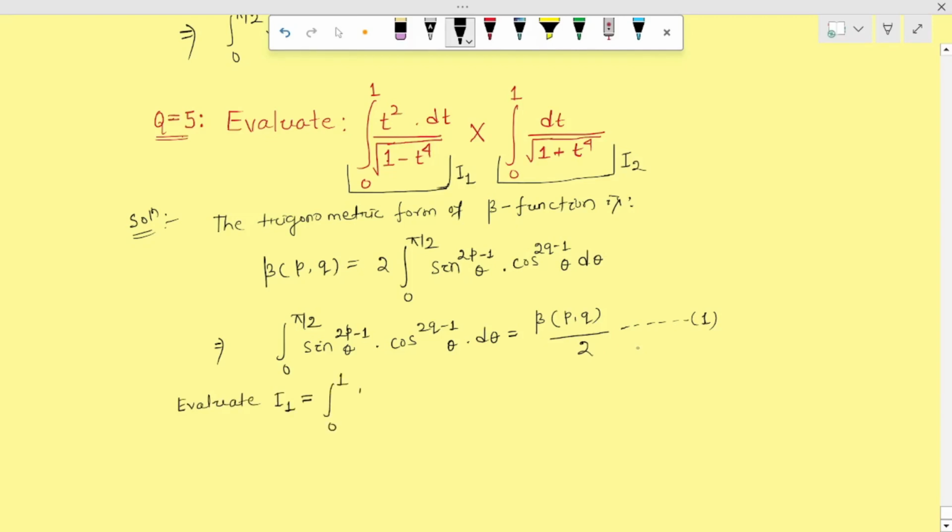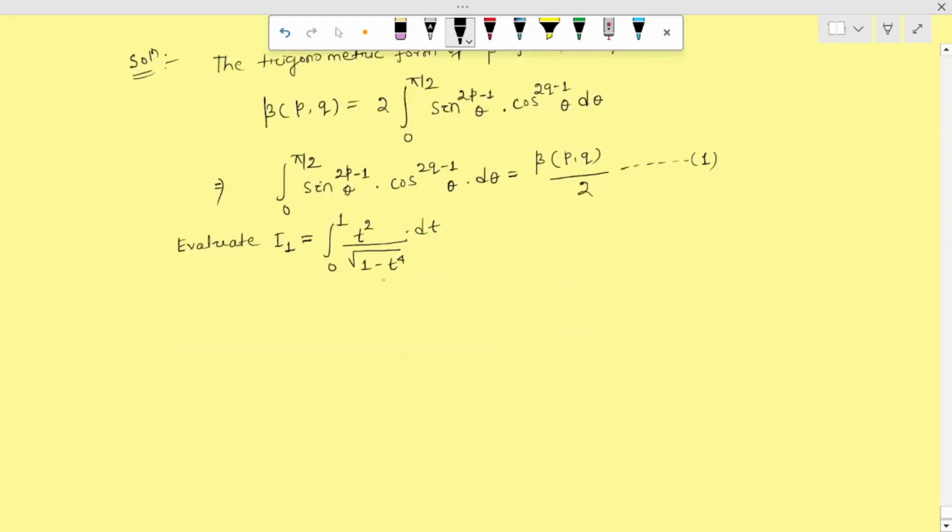which is equal to the integral from 0 to 1 of t to the power 2 by root over of 1 minus t to the power 4 dt. This integral I1 will be evaluated using the trigonometric form of beta function that I have written in equation number 1. To do so, I am going to substitute t square as sine theta.